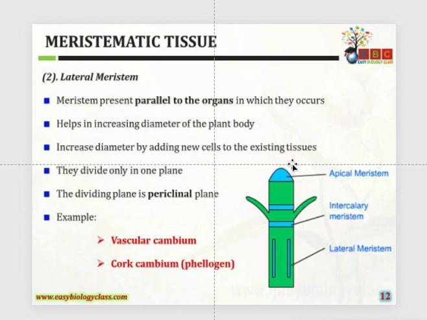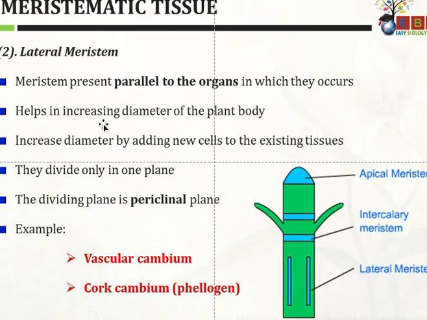Like I said, the lateral meristem you will study in another topic. The lateral meristem is the tissue which is responsible for growing the size of the plant, especially the stem. From a very thin stem, you can get a very thick trunk. So it helps to increase the diameter of the plant body by adding new cells.